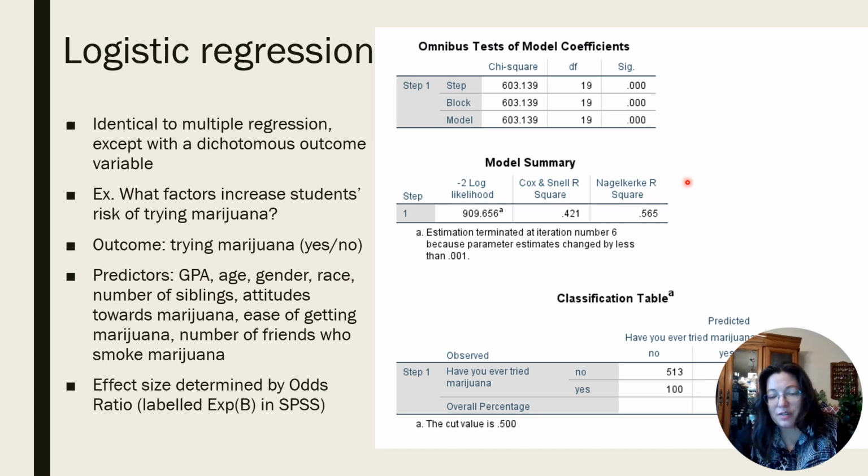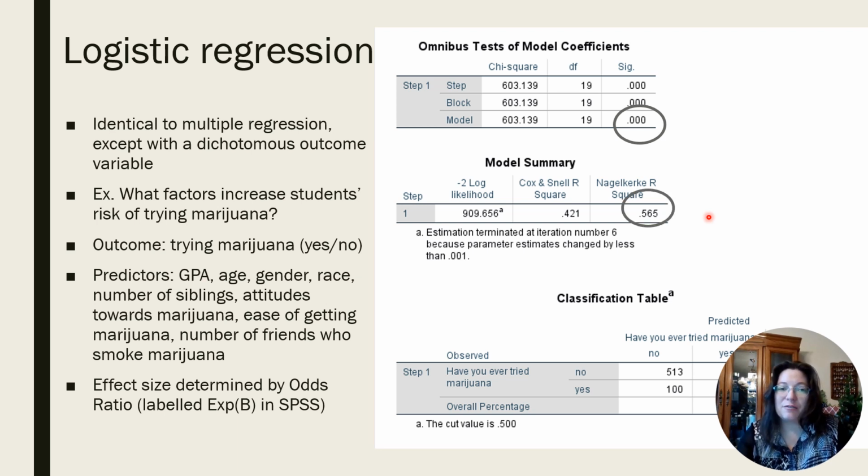And unlike the regression we ran before, this one's great. If we transform this into a percentage, it's 56.5% of our variance that's explained by these predictors that I have selected. That is a very, very strong model. We rarely get such strong models in social work.